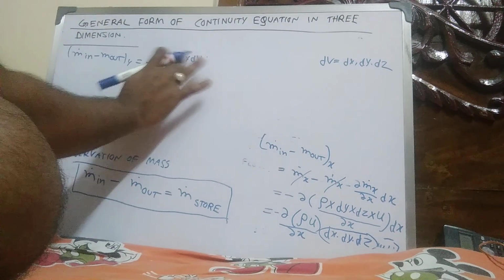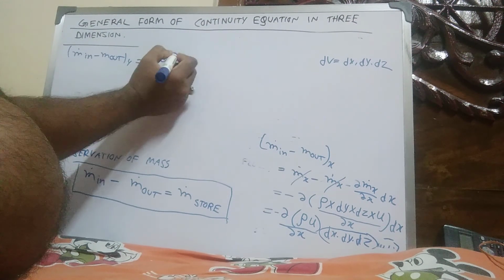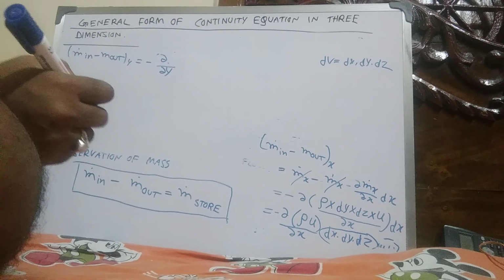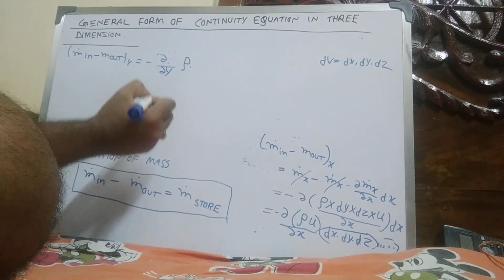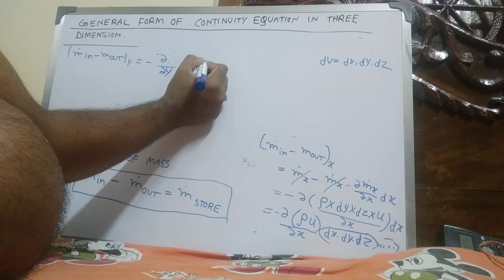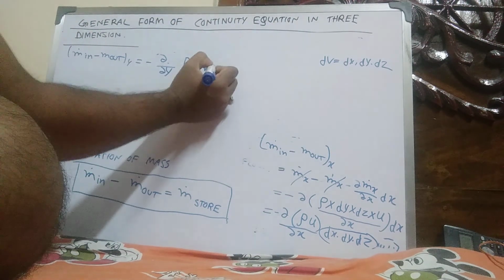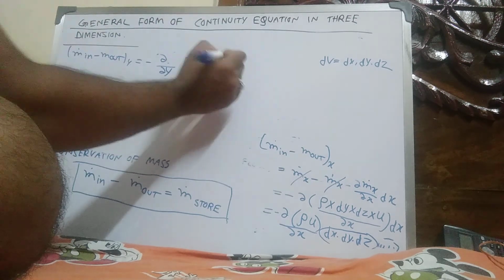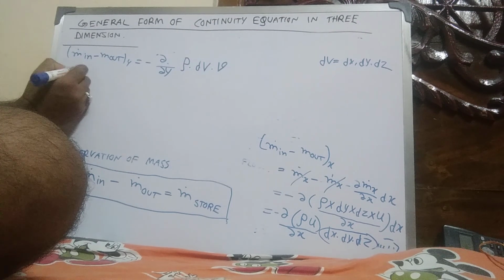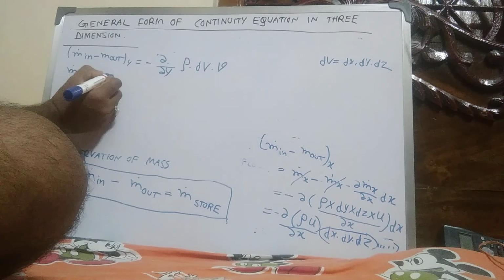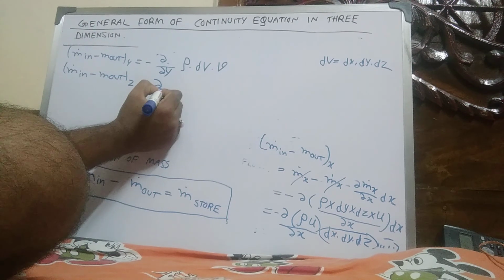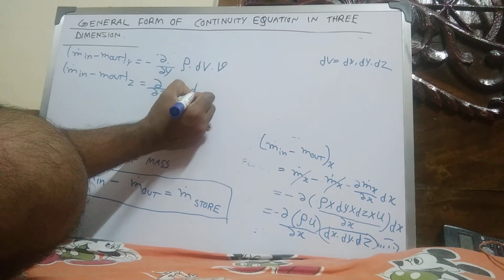So we can write d by dy of rho v dv, this is the y direction flow v. Understand? And m in minus m out in z direction is d by dz of rho w dv.